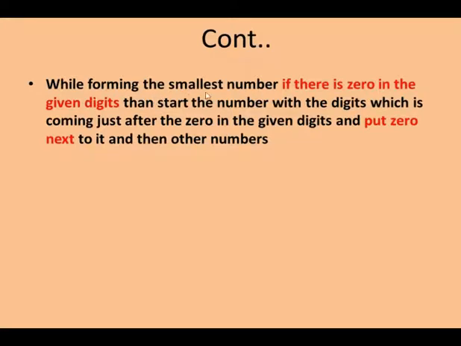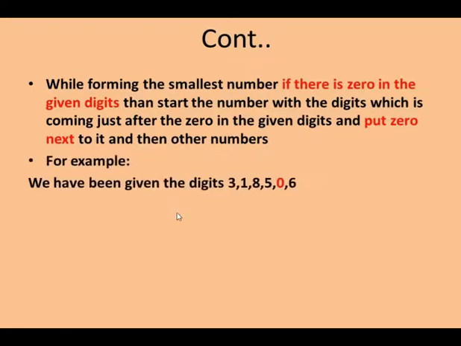While forming the smallest number, if there is a 0 in the given digits, then start the number with the digit which comes just after the 0 in the given digits, put 0 next to it, and then place the other digits. We have been given some digits over here.